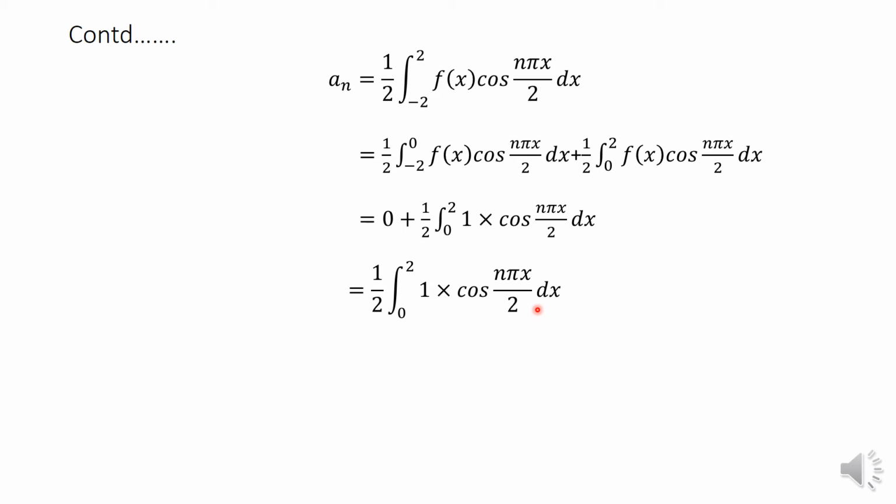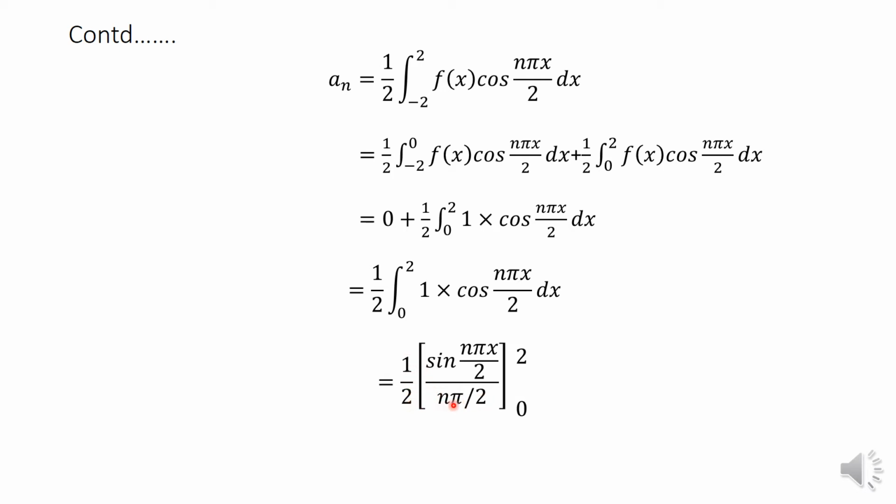Now in the next step we have to integrate the given integrand. So we get 1 by 2 times the integral of cos n pi x by 2. The integral of cos n pi x by 2 is sin n pi x by 2 divided by the constant n pi by 2. So you remember we get 1 by n pi by 2, the 2 gets cancelled, and we are left with 1 by n pi as a constant.